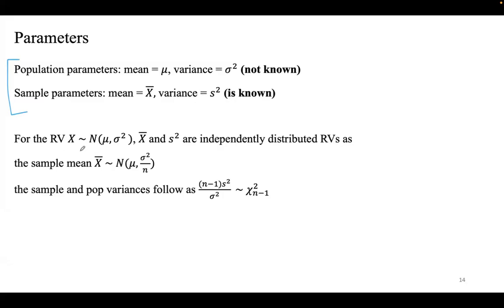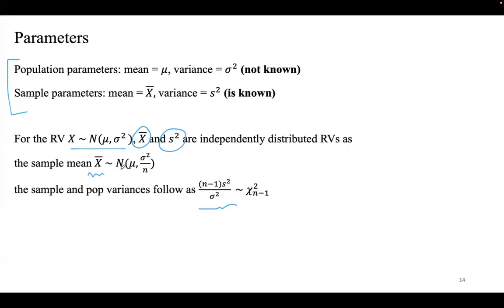So, for example, for your random variable x, which has a normal distribution, if you want to find out about the sample mean and the sample variance, these are the two things you can do. The sample mean is going to be a normal distribution.